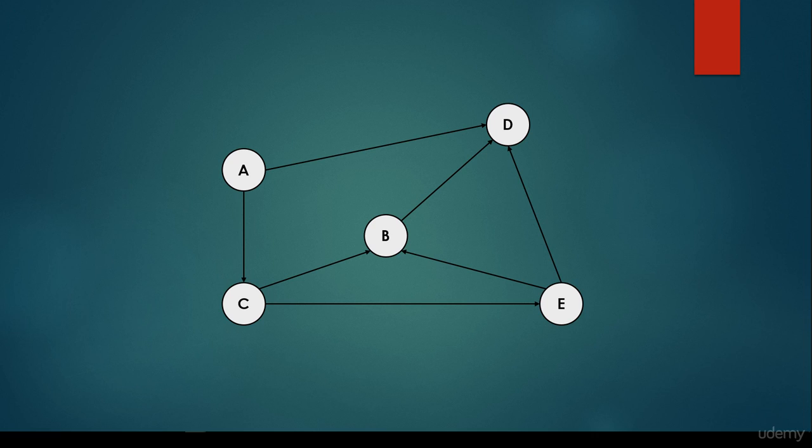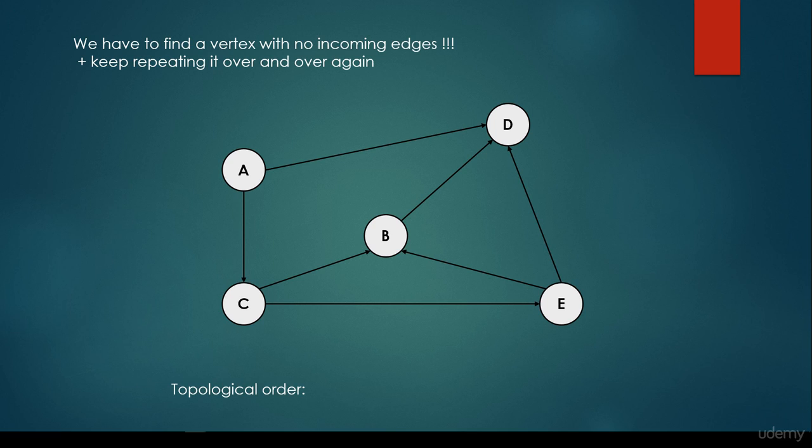And basically, the algorithm is that we have to find a vertex with no incoming edges and keep repeating it over and over again. So the first one is, for example, A. A doesn't have any incoming edges. So it's going to be the first in the topological order, and it's very important that we don't want to consider this vertex and its edges anymore.